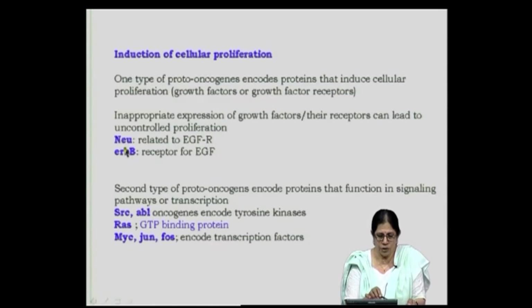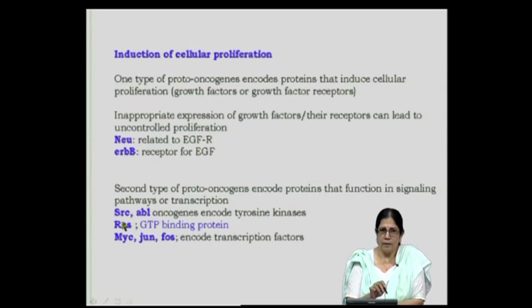The oncogenes which are associated with this are NEU and ERB, and there are several others. I have just taken 2 examples. NEU is related to EGFR, epidermal growth factor receptor, and ERB is the receptor for epidermal growth factor. Second type of proto-oncogenes encode proteins that function in signaling, or they could be transcription factors.